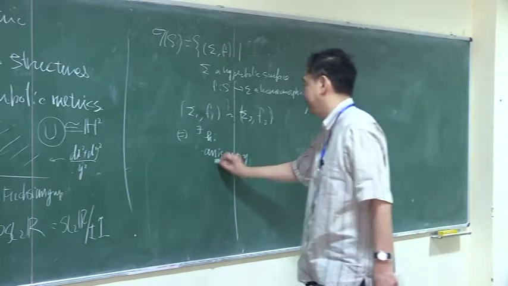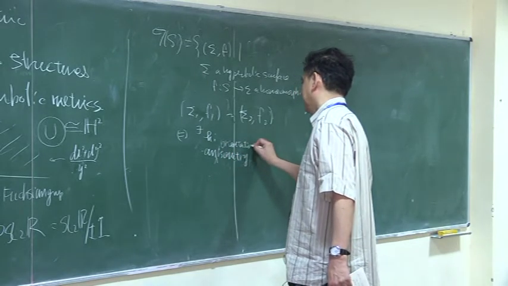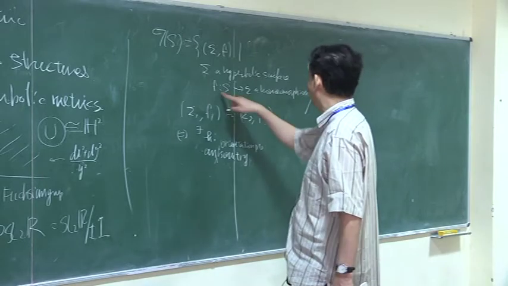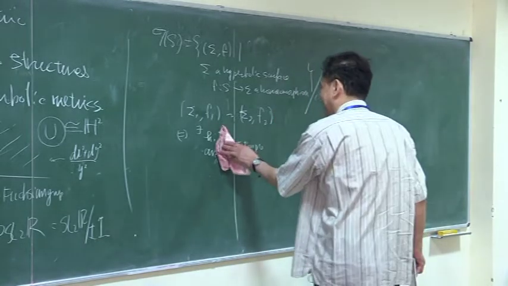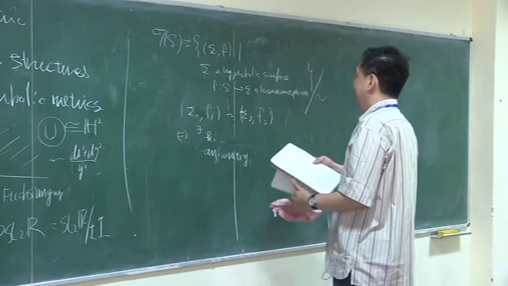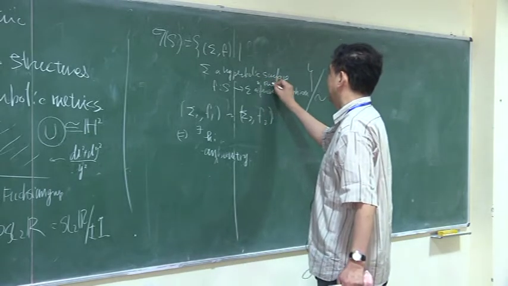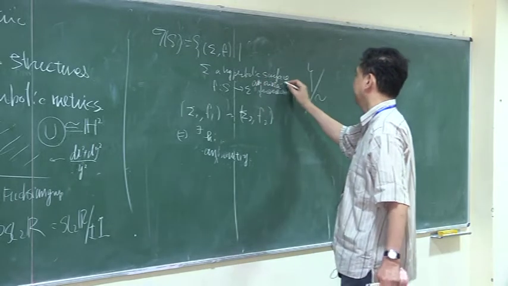Well, probably it's better to say orientation preserving isometry. It's better to put the orientation preserving not here, but here.